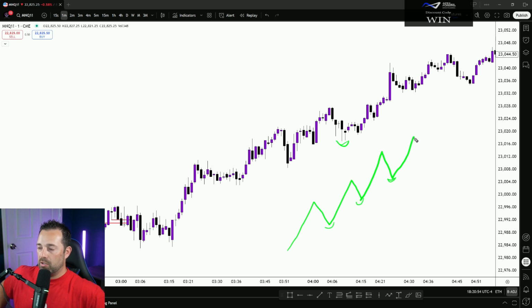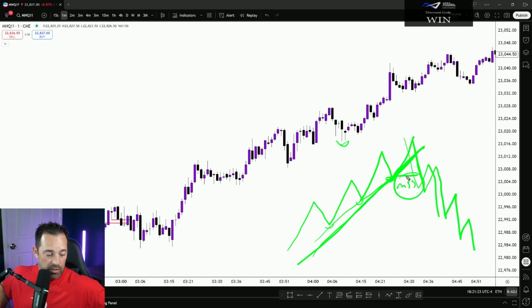Now, a market structure shift would be whenever it goes lower than the swing low. Now you have a shift, because what should happen is it pulls back up, goes down, up, down, up, down. So at this point would be the market structure shift. And that's essentially all it is. The end of a trend, you could say. When the trend ends and the market shifts the other way, that's a market structure shift.